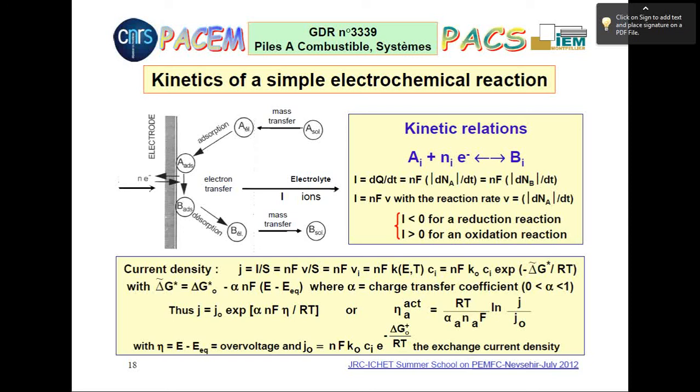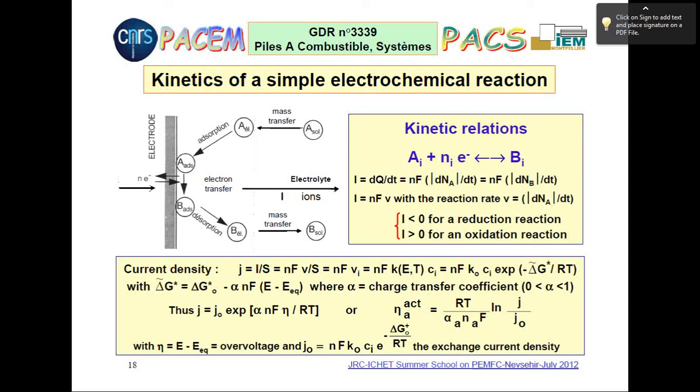All the figures which are more or less constant are in K0 and in delta G0, and all that times nF and the concentration in the bulk give you the exchange current density.